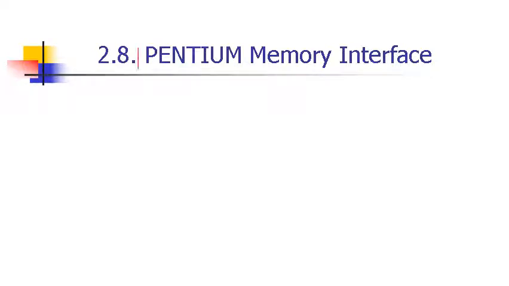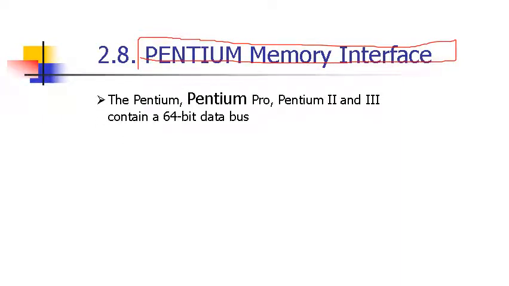How about the Pentium? The Pentium memory interface. So how to interface Pentium Pro or 2 or Pentium 3. Here your data bus has further evolved to 64 bits, which means what?